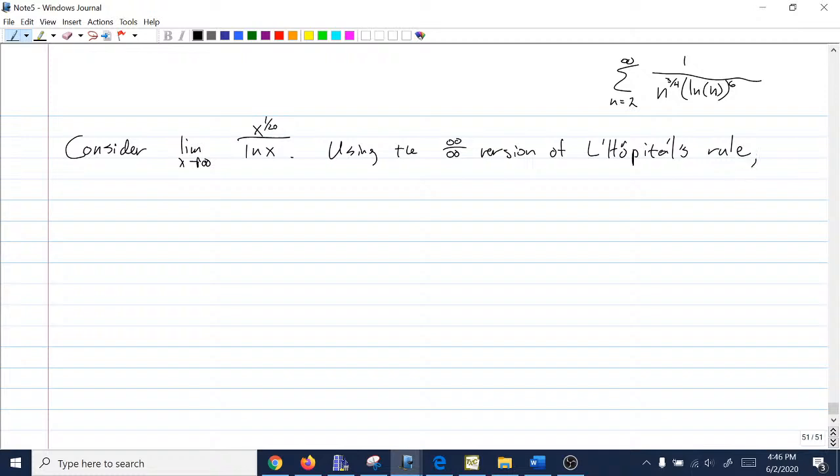Using the infinity over infinity version of L'Hopital's rule, this equals the limit as x goes to infinity of 1/20th x to the minus 19 over 20 over 1 over x, which is the limit of 1/20th x to the 1/20th when you combine those powers of x, and that equals plus infinity.